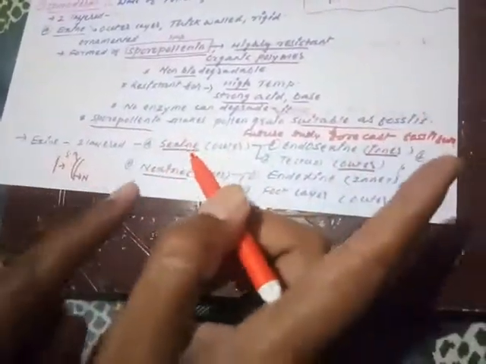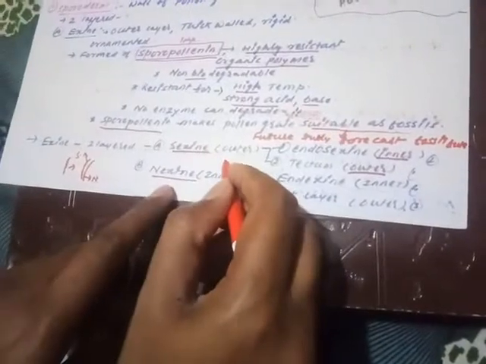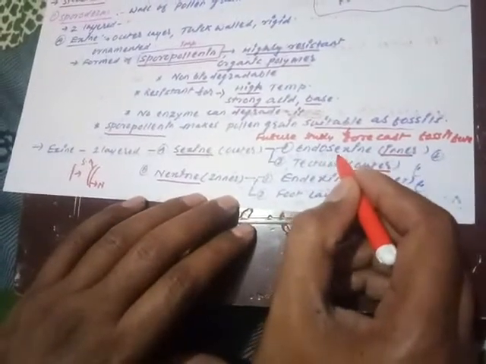Are you getting my point? First of all, the pollen grain is made of two layers, exine and intine, but exine is itself made of two layers. The sexine is the outer one, and sexine is itself made of two layers, tectum and endosexine.